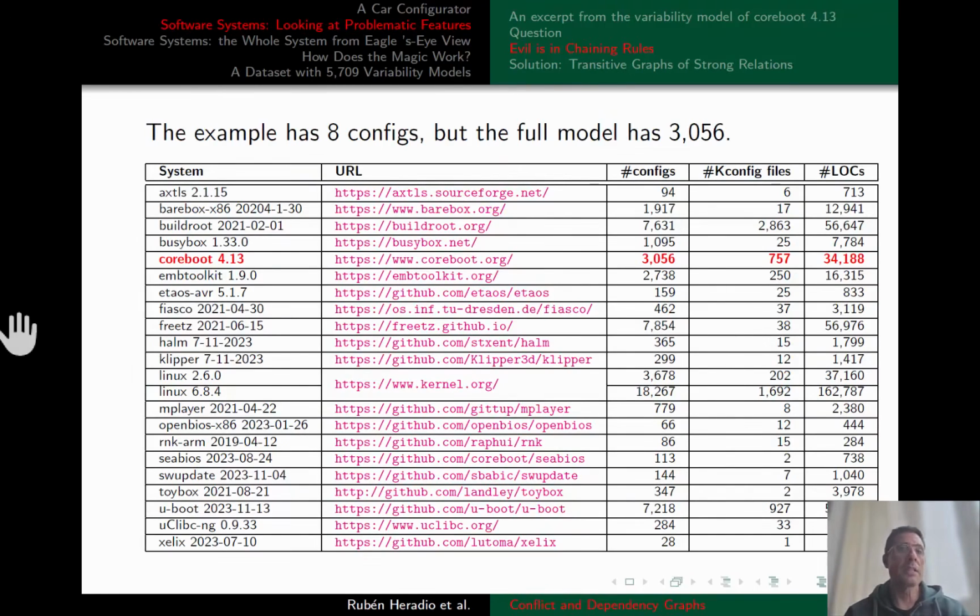This example has 8 features, but the whole model of Corvus has more than 3,000 features. And in the literature, there are variability models even more complex. For instance, this version of the Linux kernel has more than 18,000 features.